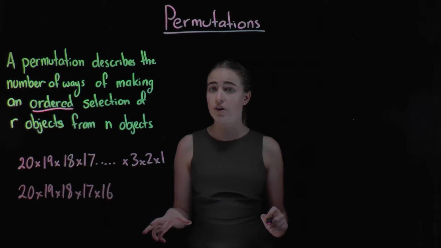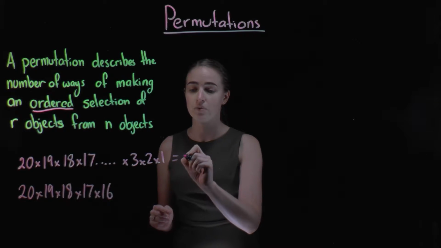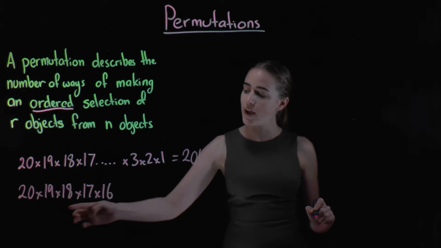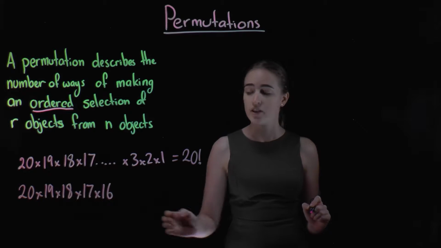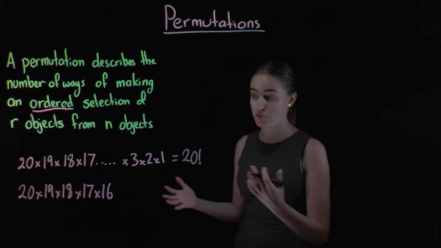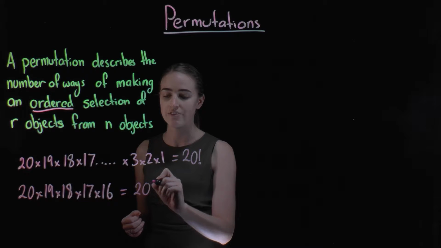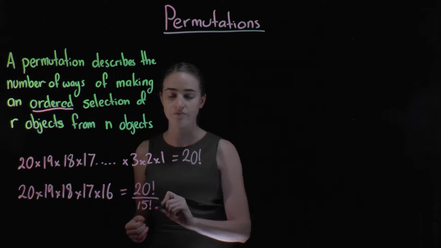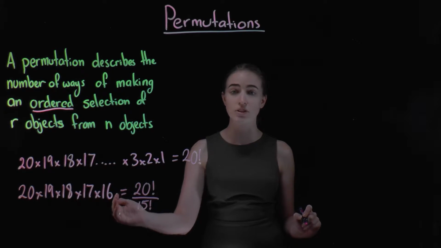Now we have a shortcut for writing this. We already know the shortcut for writing this from 20 all the way down to 1 would be written as 20 factorial. But if we're cutting it off, we're cutting off everything under 16. So that means we don't want the 15 times 14 times 13 times 12 all the way down to 1. So the way we're going to write that is as 20 factorial over 15 factorial, to get rid of everything below that 16.